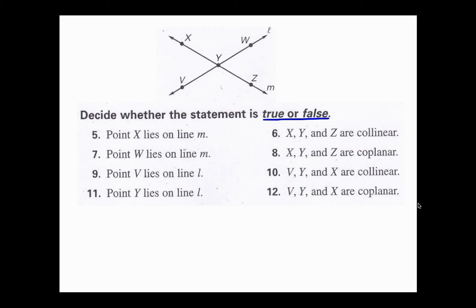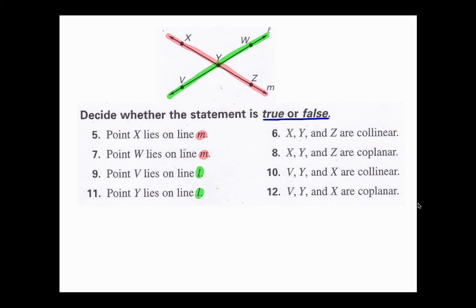So first thing is I have two odd problems that both work with line M. So this is line M. And then there are two more problems that talk about line L. So this is line L. So we're going to work through the odds, and then I'm going to talk about the evens.